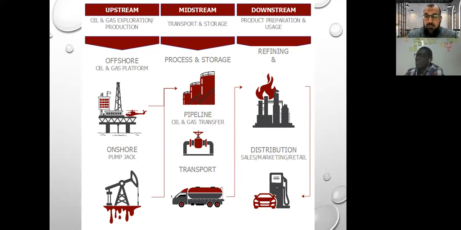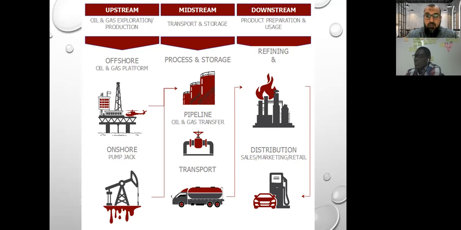The last sector, which is the downstream sector, speaks about product preparation and usage, and refinery or refining or manufacturing or processing, the industry itself. So the last section, downstream, is refining and distribution for human usage.